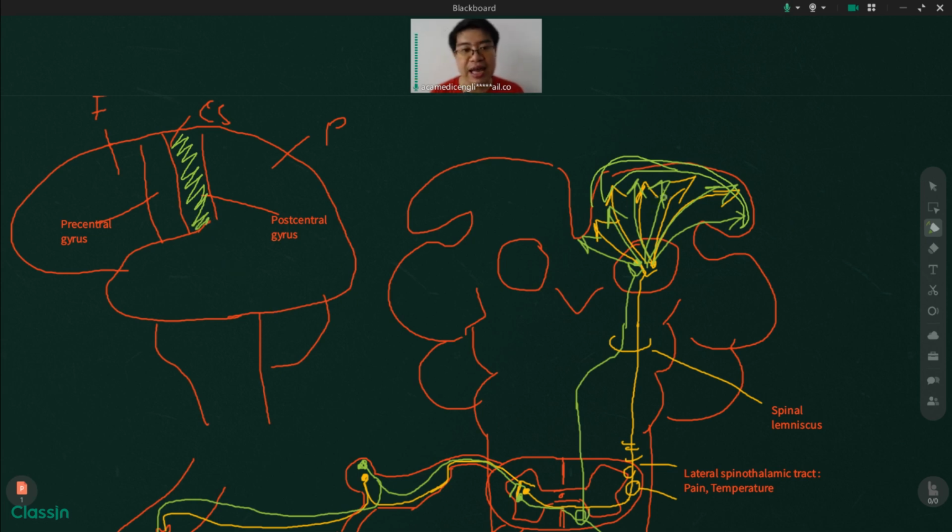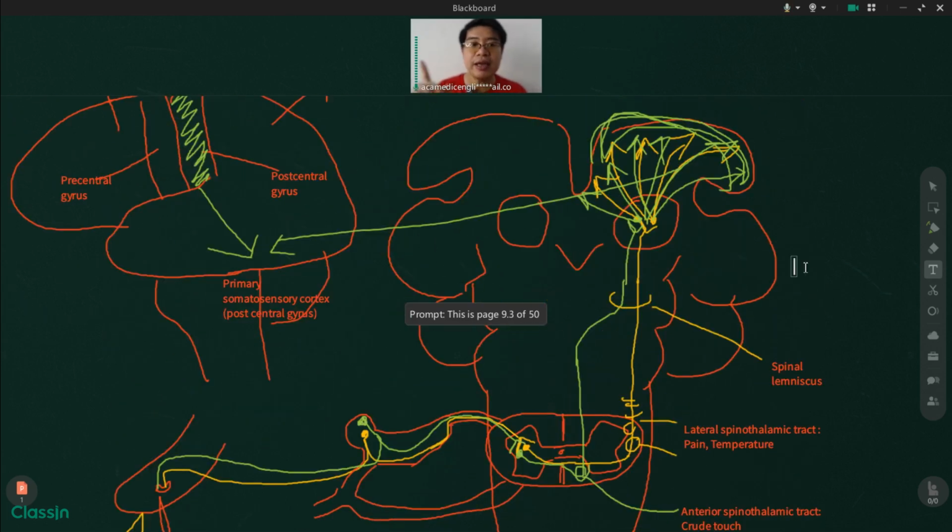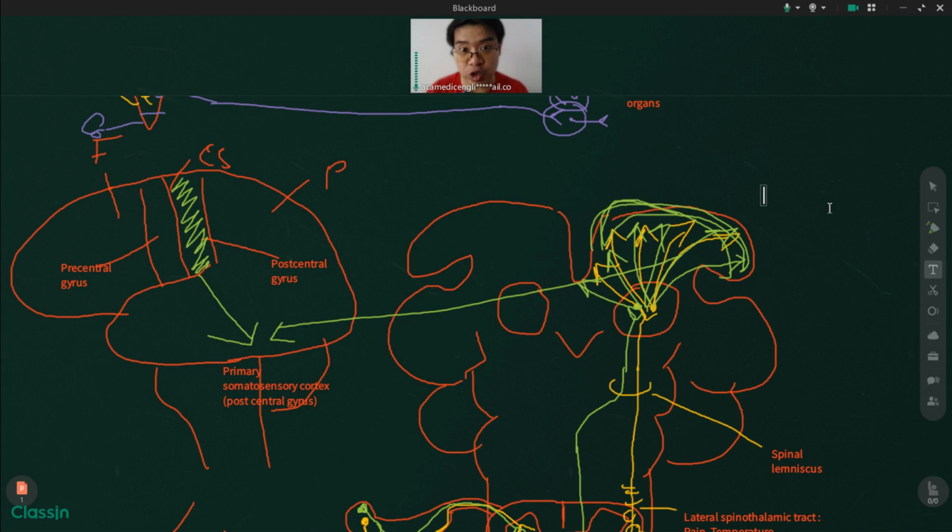So that's the primary somatosensory cortex, and it's at the postcentral gyrus. That is essentially the conduction pathway for superficial sensations.